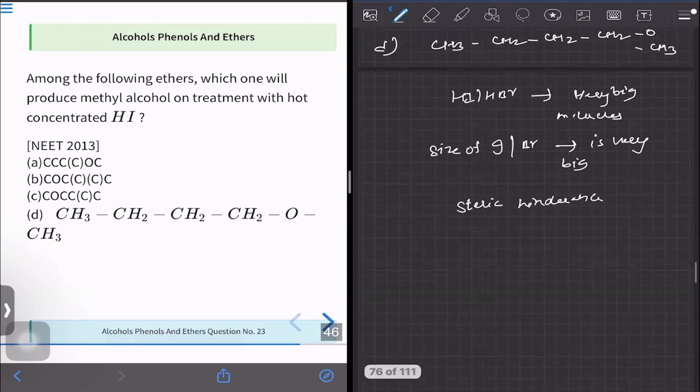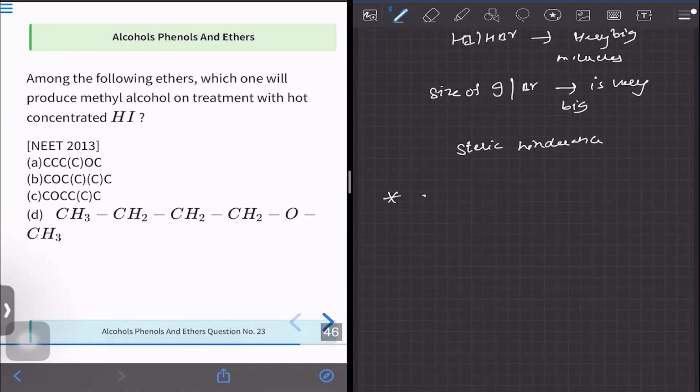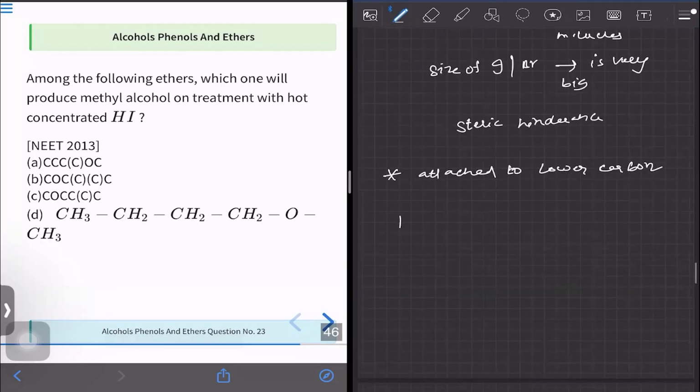So it will attach to the lower carbon. See, in the first option, whenever it breaks, it produces C positive and O C minus.